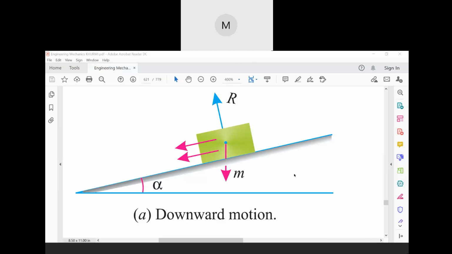Here, look, we will have two components. One is the sin theta component and the other is the cos theta component. Now here, if you drop a perpendicular, it is inclined now.